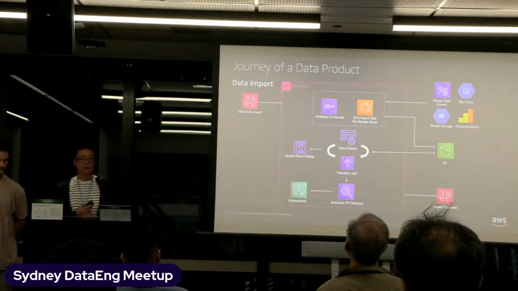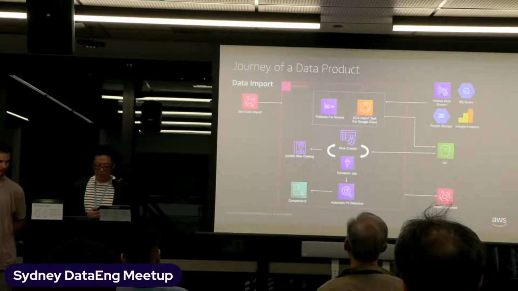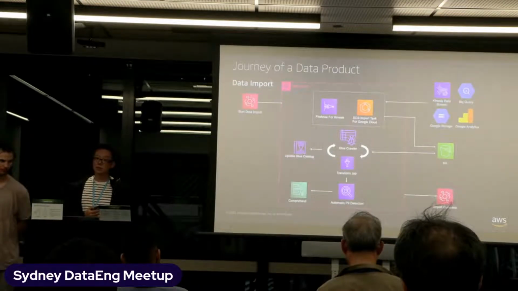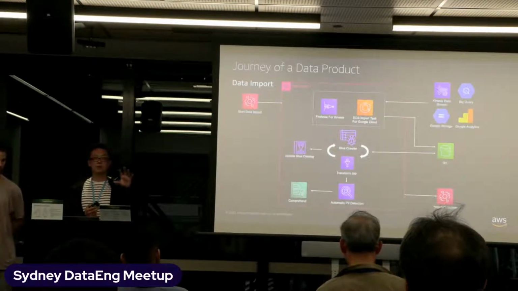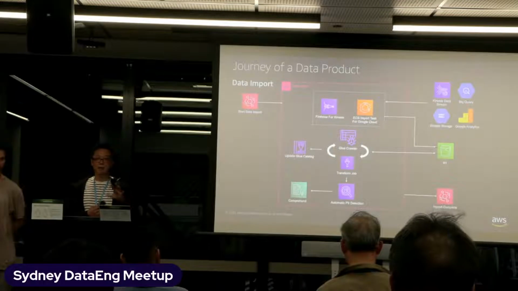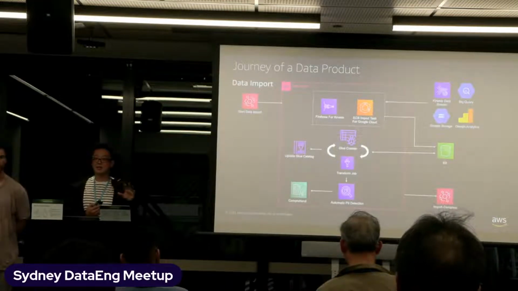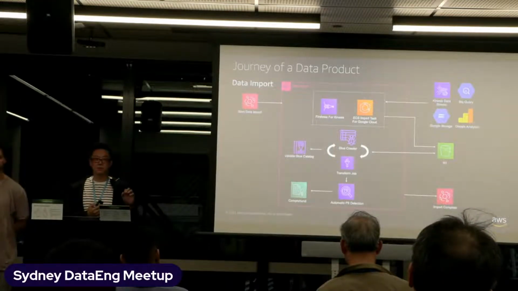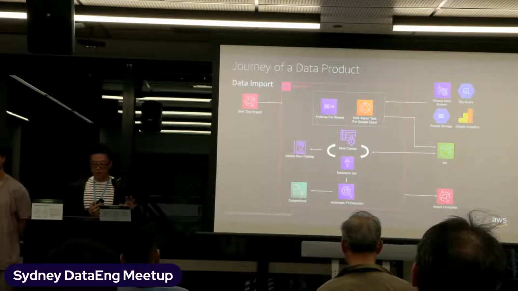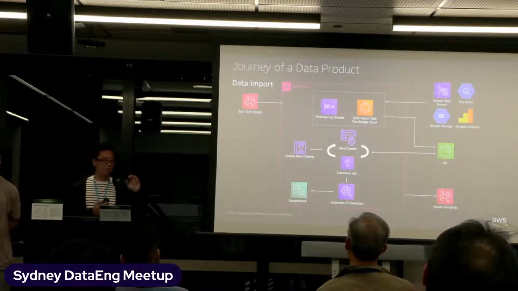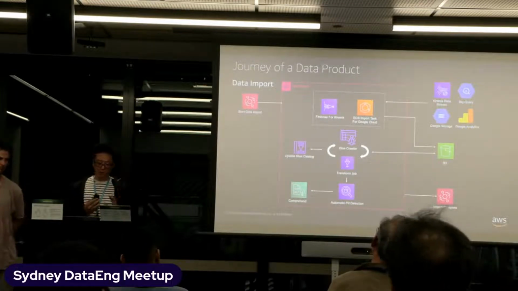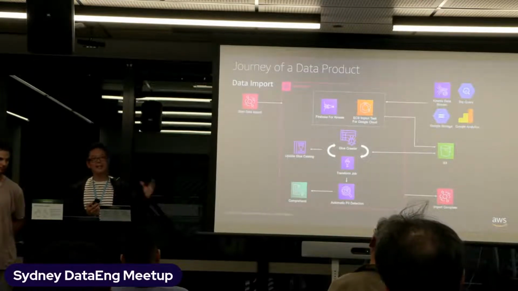For the actual data importing process, we build a lot of reusable components. Obviously, for each different data source we have different ECS tasks responsible for importing the data, whether it's BigQuery, data analytics, or CloudWatch, which is coming. All these different connectors land data in S3.